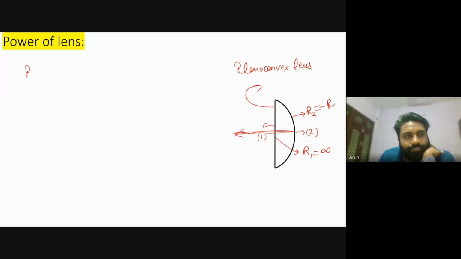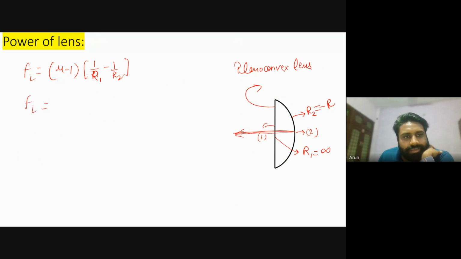We have the formula for focal length. 1 upon F of L is mu minus 1, in general, 1 upon R1 minus 1 upon R2. What is the value of R1? It is infinity.